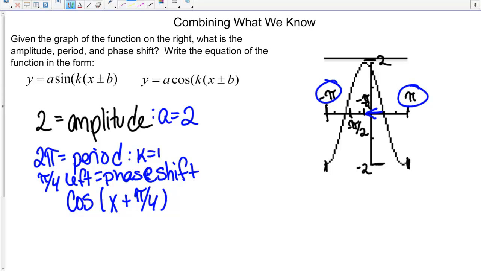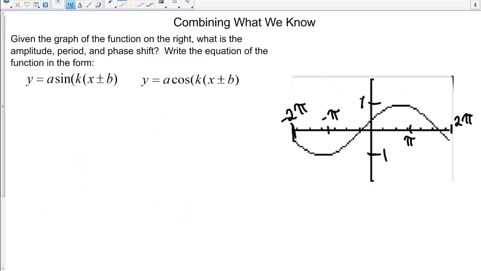So we have cosine of x plus pi over 4. We had an amplitude of 2 and our period was 2 pi. So this is our equation for our function. So go ahead and try this one, and then when you're done, come back and check your answer.